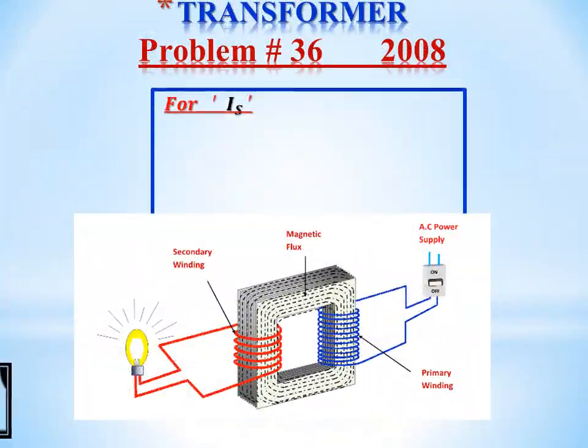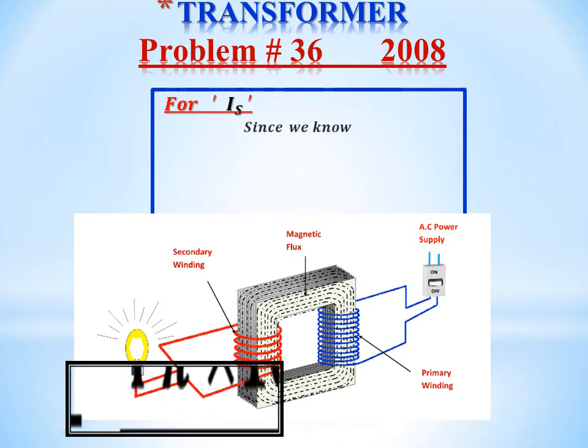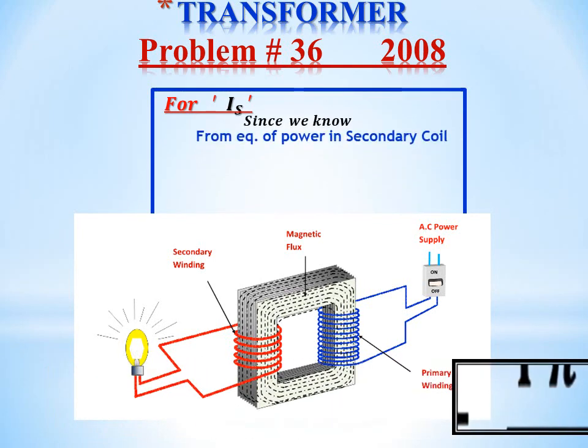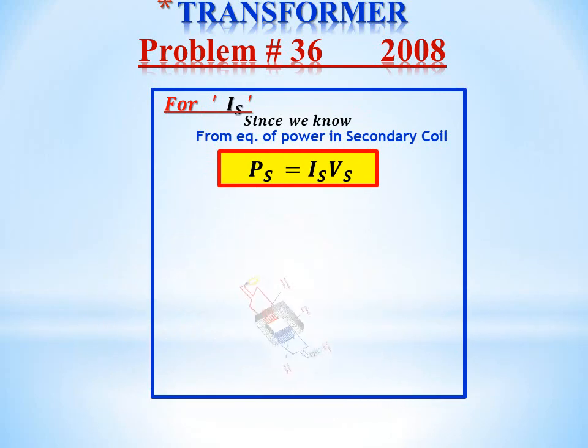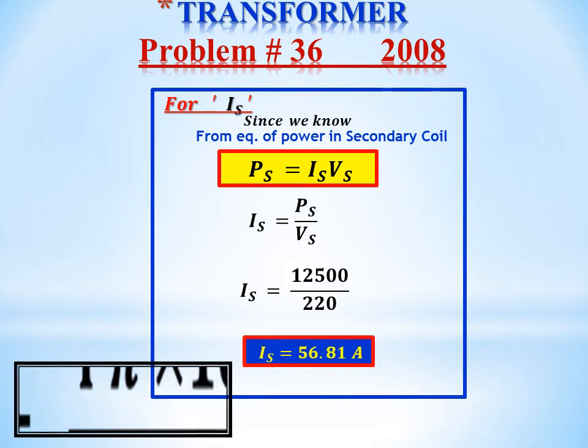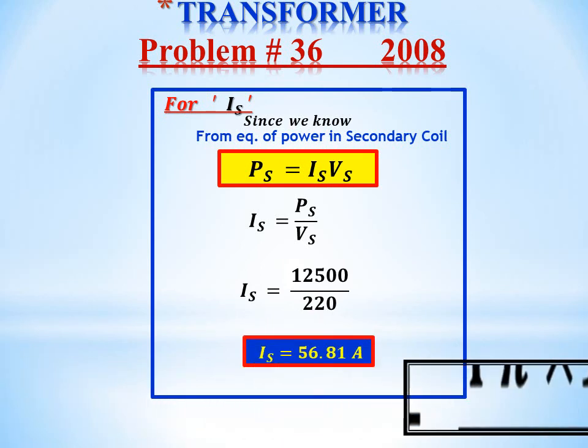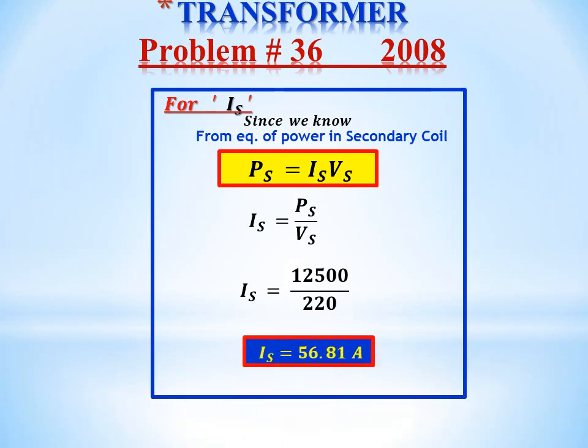Now for current in the secondary coil, using the equation of power in the secondary coil, P is equal to IV or Ps is equal to Is Vs. Solve for Is by placing their values, and you will get Is as 56.81 ampere. Okay class, so this is the end of this numerical, problem number 36.